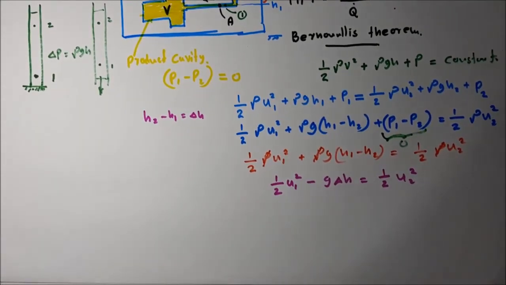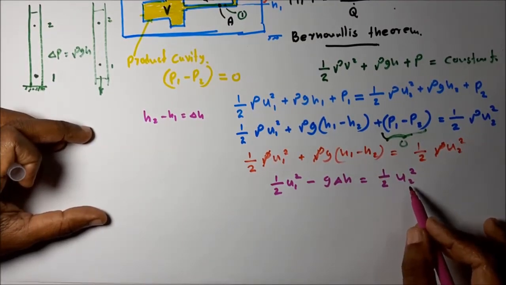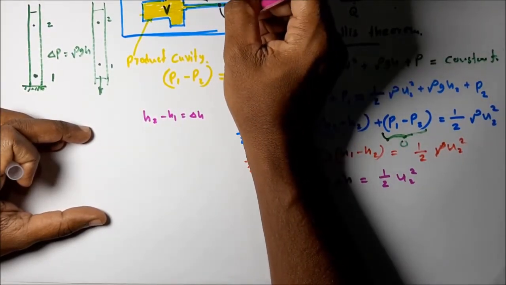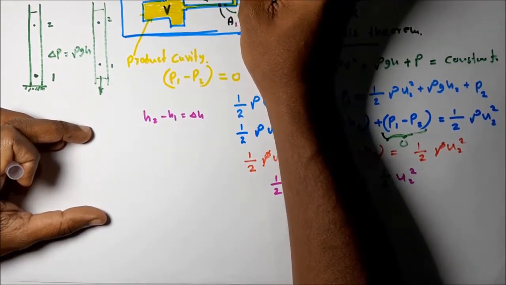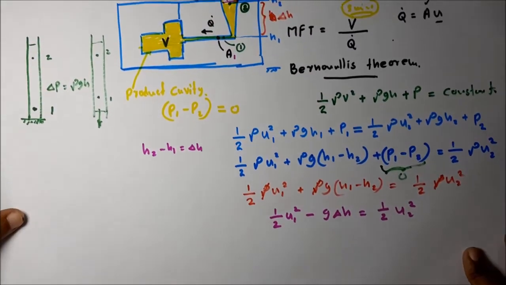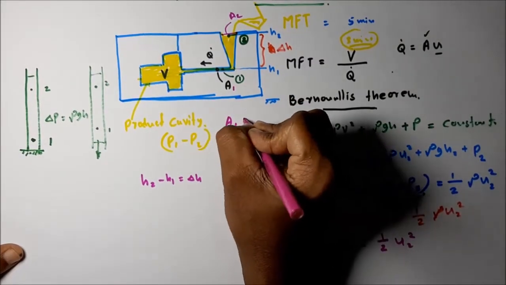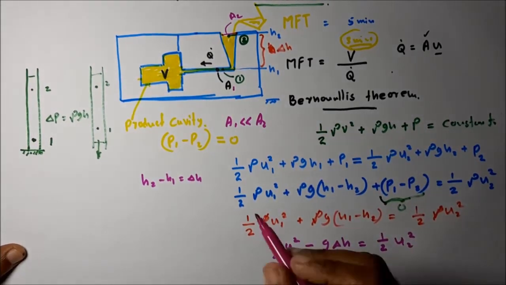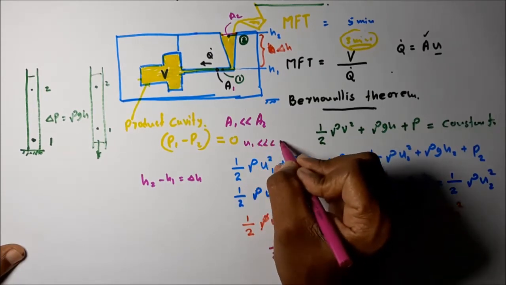So then what happened in this calculation, comparing to, let's take this as A1, let's take this as A2. This A1 is very small comparing to the A2, so that u1 is very small comparing to u2.